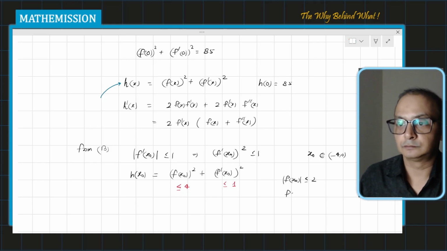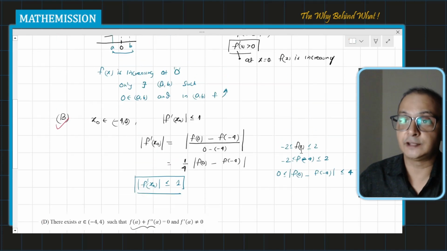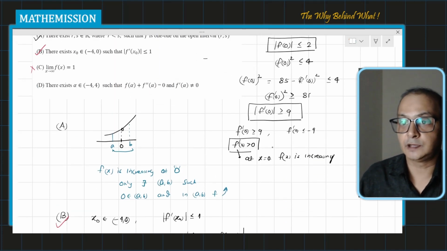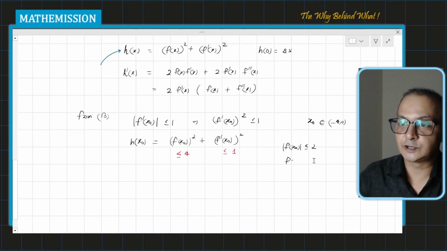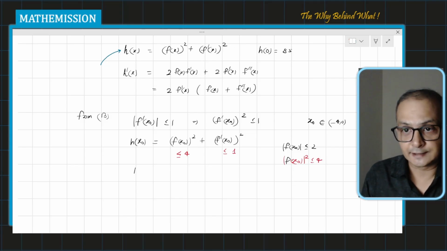Actually it is f(x). For any x, the function has a maximum value 2 only. So x naught is also in the same interval, so I can take that f(x naught) mod square is lesser than 4. It guarantees that h(x naught) for any such x naught is lesser than or equal to 5.